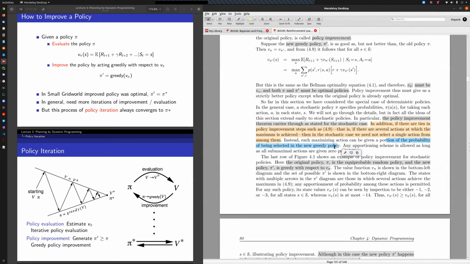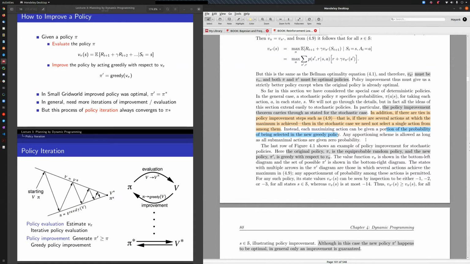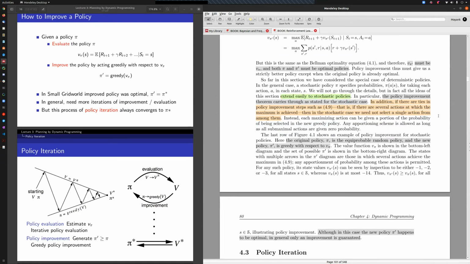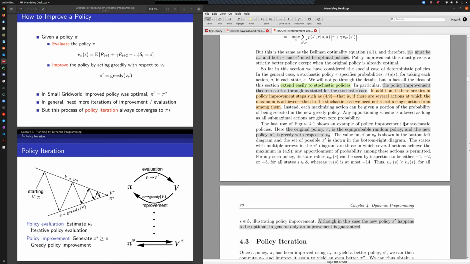So this is a certain case in which it is stuck here. This is the stochastic case that we look at here, which they have easily extended to this.